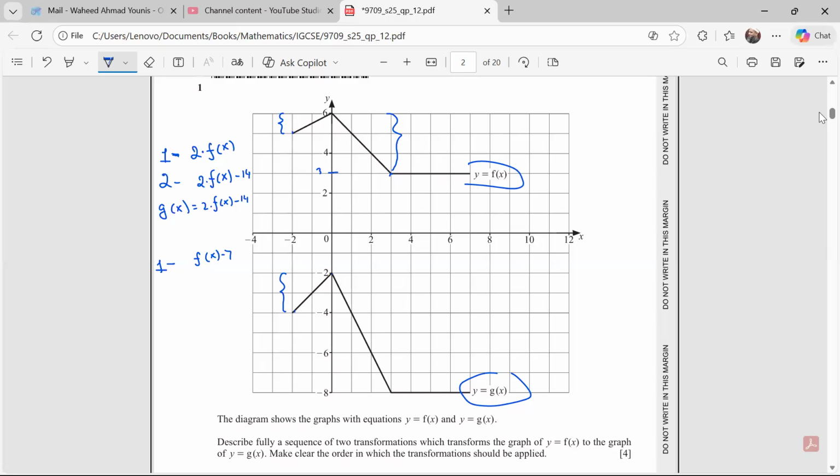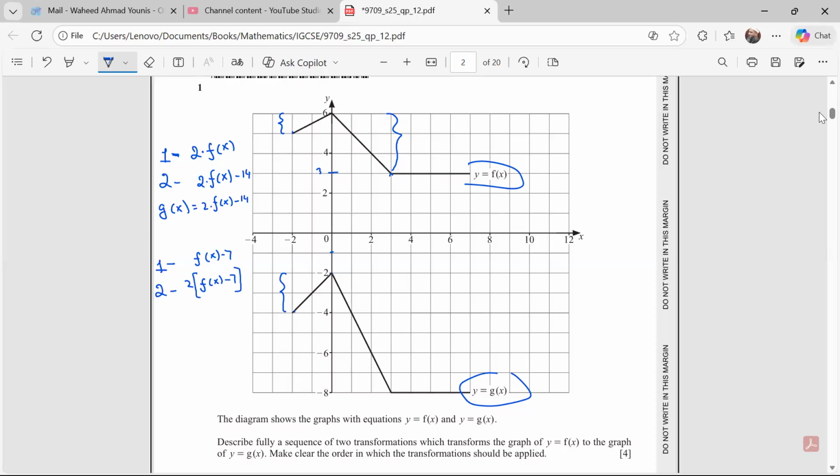What this -7 will do is that this 6 will go to -1, right? And then 3 will go to -4. Okay. And in the second step, I will multiply this f(x) minus 7 with 2. Okay, you can see they are both the same. This will become 2f(x) minus 14.